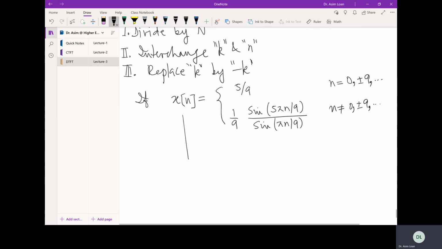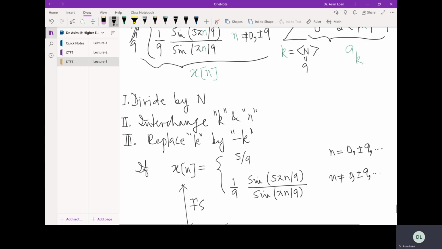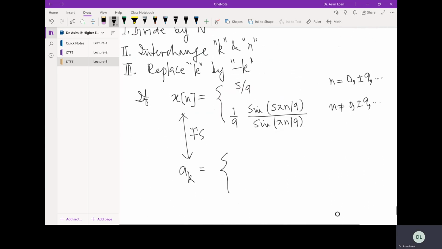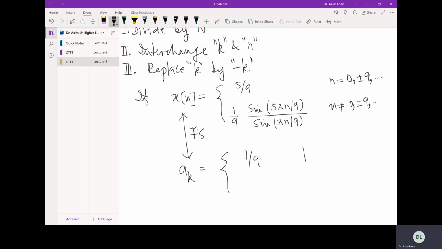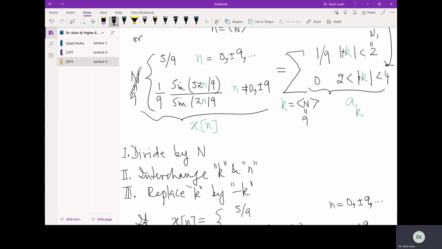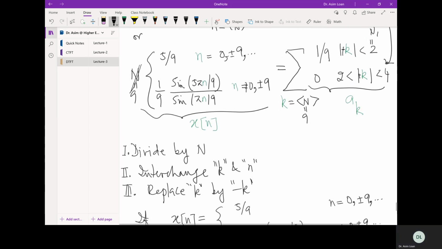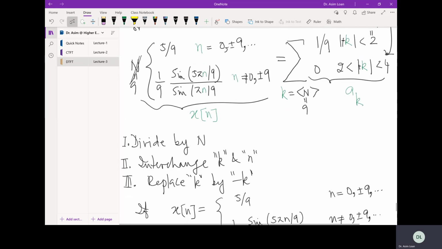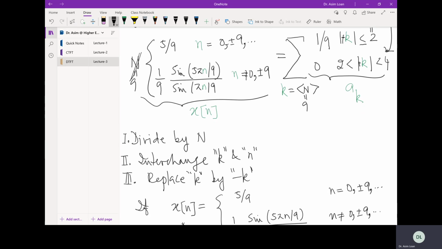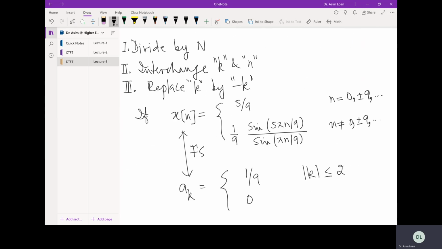Then if I take the Fourier series, a_k equals 1 over 9 for the absolute value of k between 0 and 2, and this is 0 for 2 less than k less than 4.